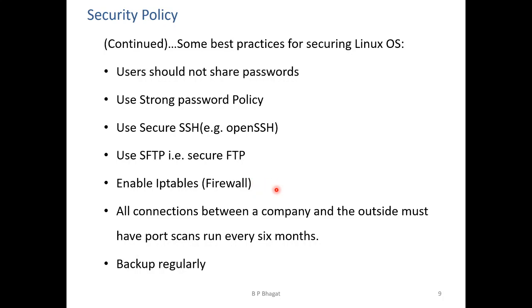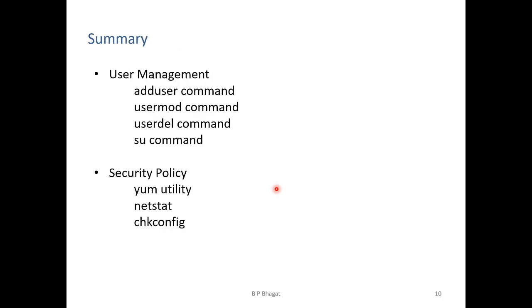Also, all connections between a company and the outside must have a port scan run every 6 months. Finally, take backups regularly to avoid the loss of data due to any kind of system related problems.